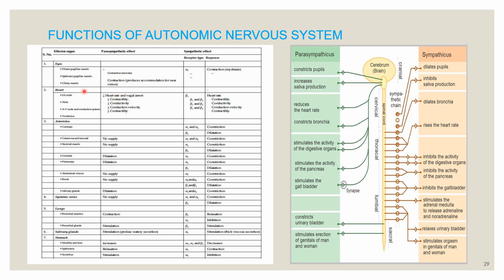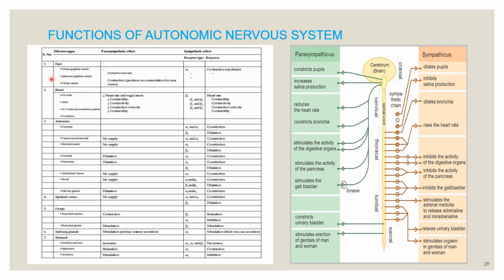Then the ciliary muscle also has parasympathetic innervation only. Upon stimulation it causes contraction of the ciliary muscle, which is responsible for accommodation for near vision. So in the eye, you have three types of muscles innervated by the ANS.